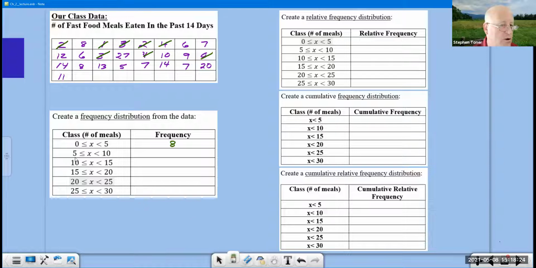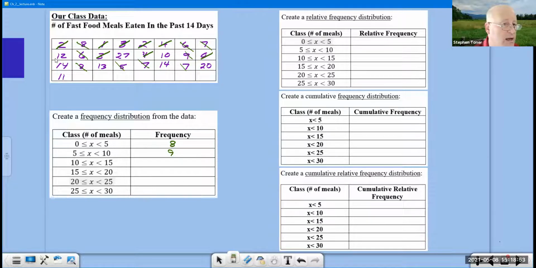The next category will be the 5, 6, 7, 8, 9. So I'm looking for the rest of the single digit numbers. So I see this 8 beneath it a 6. So I'm going to count here and go, I'll go with a backwards cross. 1, 2, 3, 4, 5, 6, 7, 8, 9 values there. The next class would begin at 10 and end at 14.